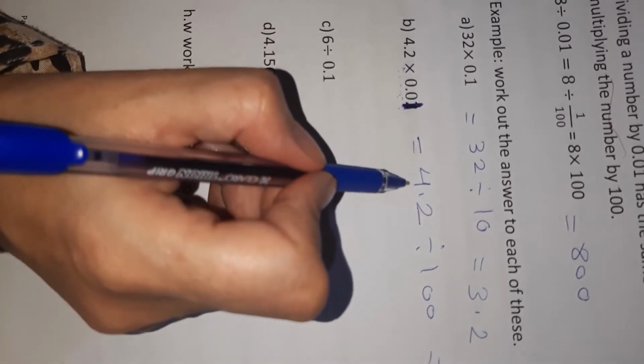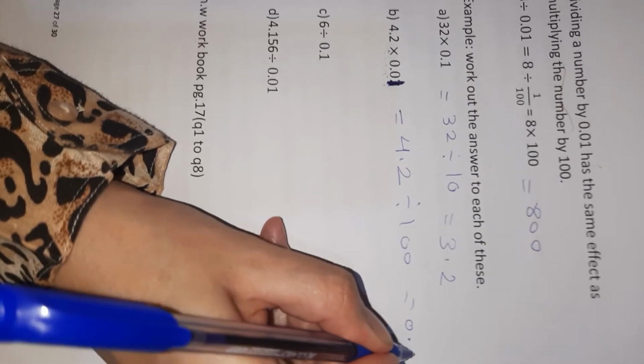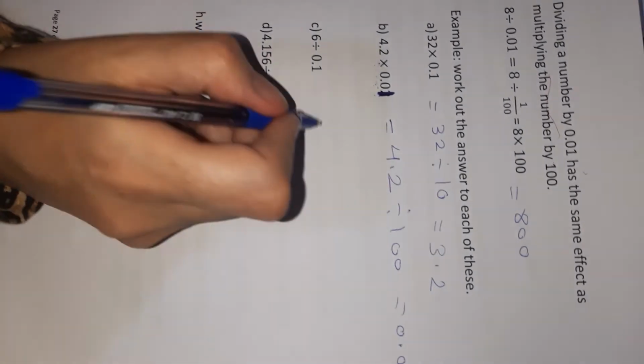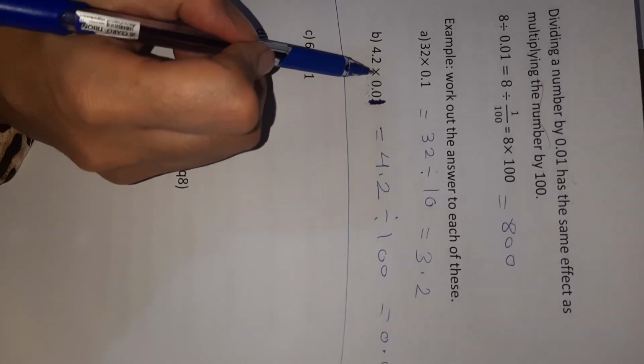In the empty place, write 0. So it is 0.042.